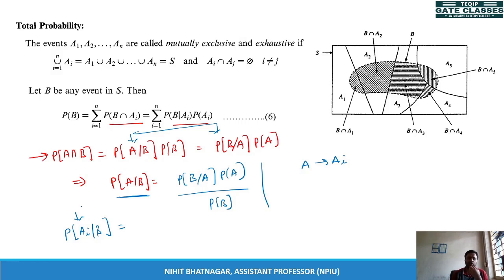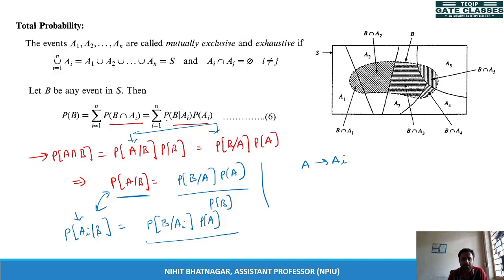So the occurrence of the game of shooting, given that we get the gold medal in this. So it is from this to this: P(B given Ai) into P(A) upon P(B).